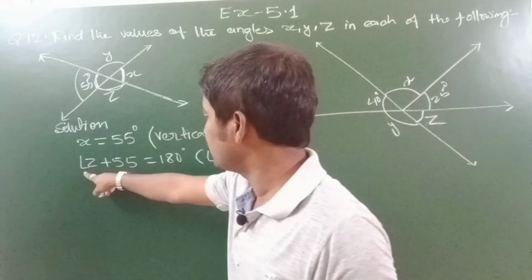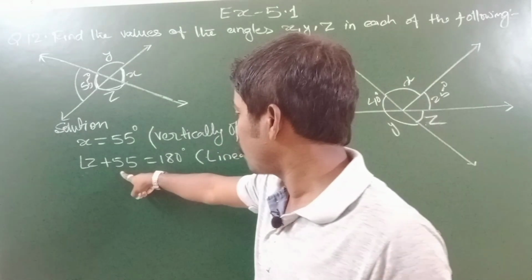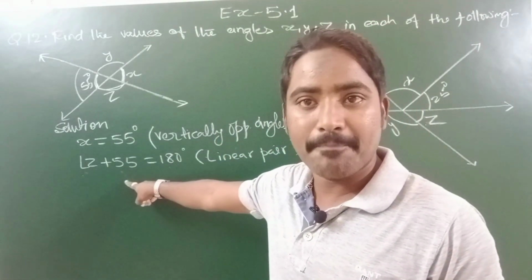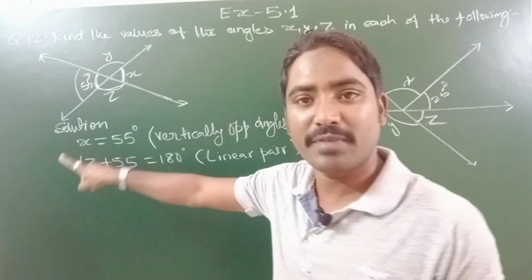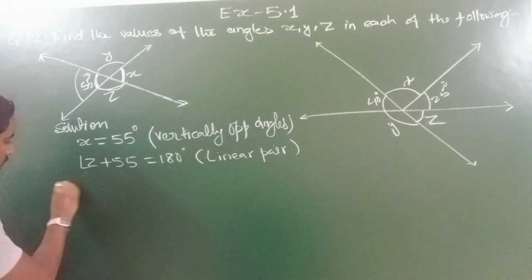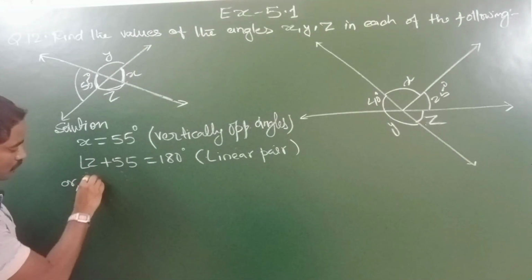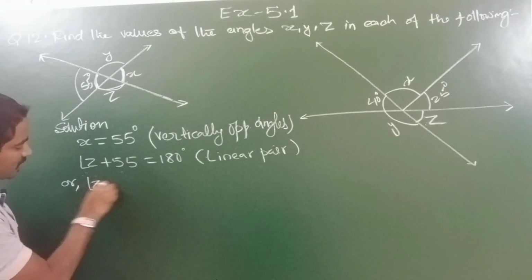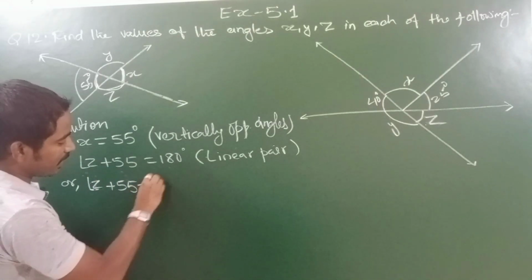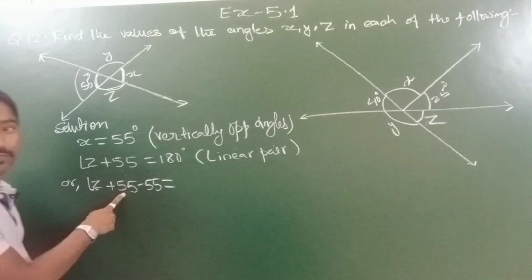Now this is a simple equation in one variable, which I taught you in the previous chapter, students. You can see this is the variable, this is a constant, and this is a constant. To remove 55, since it is plus 55, we will have to subtract 55. Step by step I will explain: here we write angle z as it is, plus 55 as it is, and here we write minus 55 to remove this plus 55.